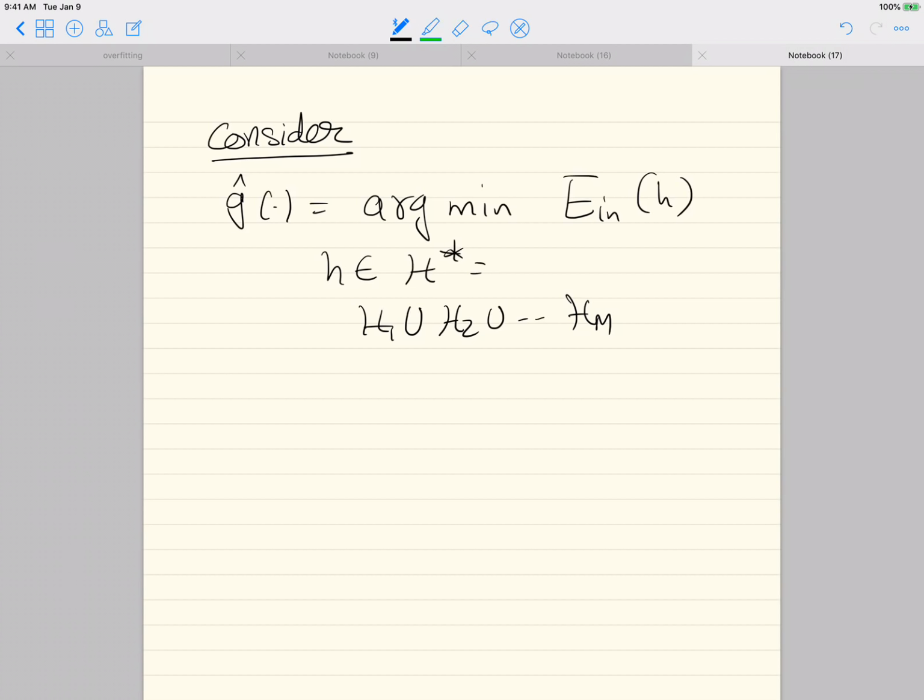So we just exhaustively find the hypothesis that gives the smallest training error in this union.